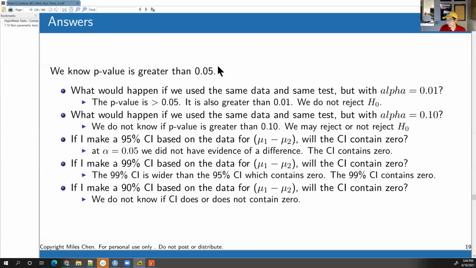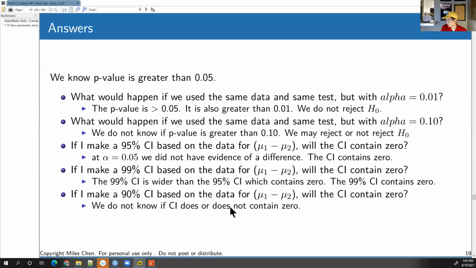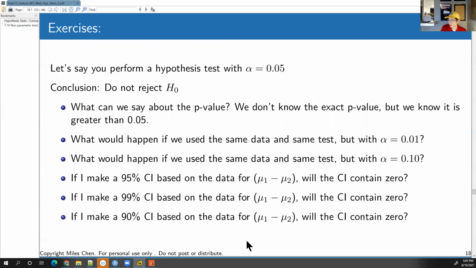Okay, and so I think I put all of those answers right here, which you can review on your own time. And so you can definitely expect a handful of questions kind of like this on your quiz this weekend. So you'll have an upcoming quiz going over a lot of these conceptual ideas with the hypothesis tests.